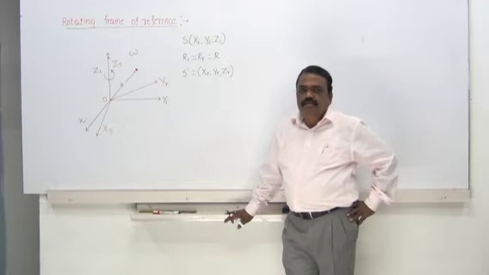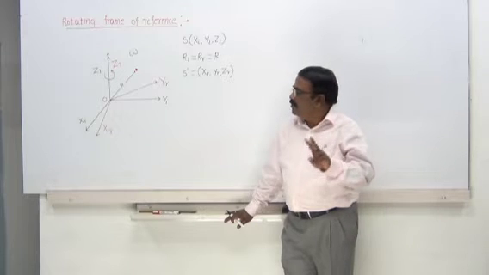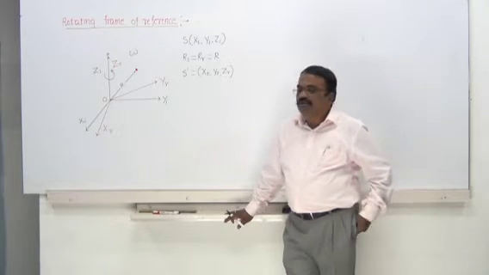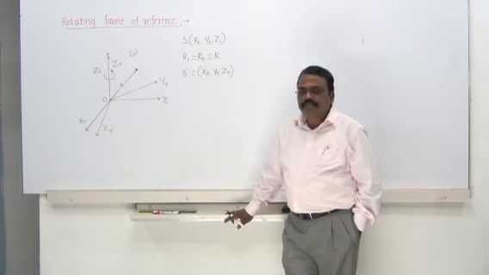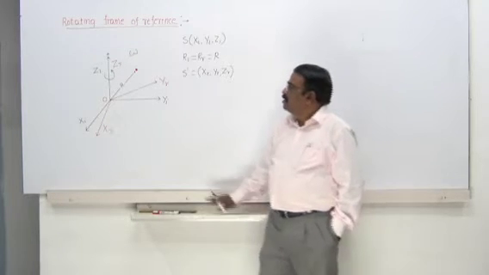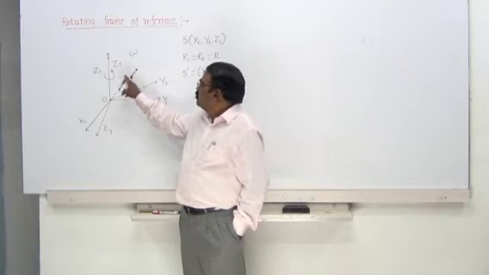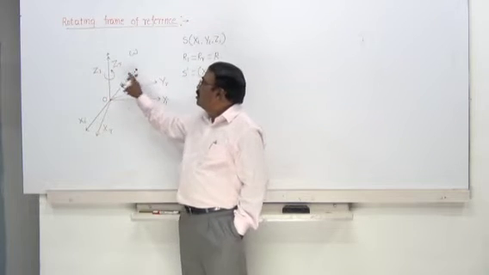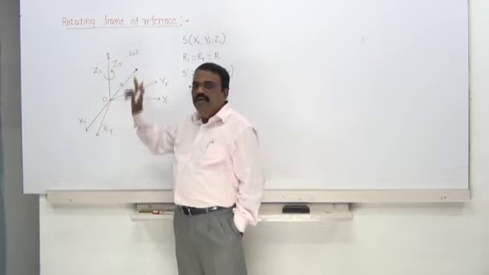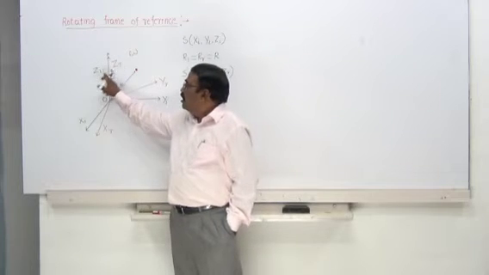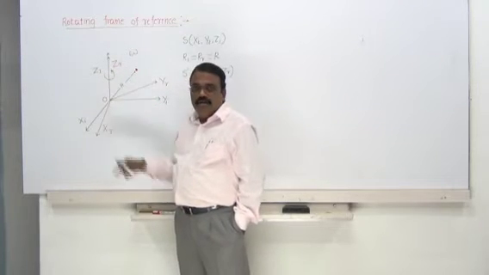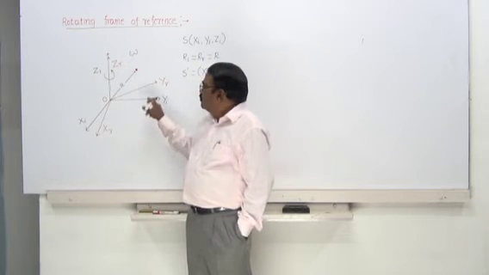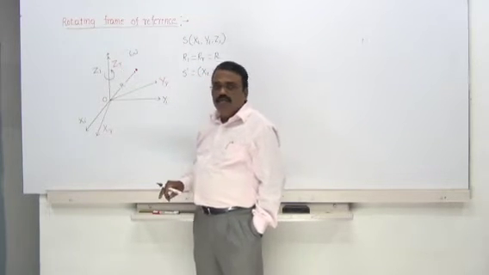For simplicity, we assume that the origins of both the frames of reference are coincident, and this rotating frame of reference S dash is rotating about the Z axis. So Zi and ZR are also lying on the same line. So they are rotating with a constant angular velocity.